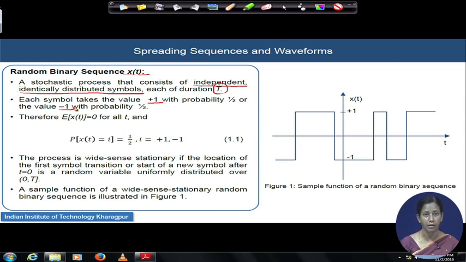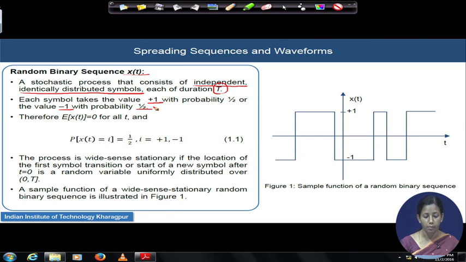As it is a random process, the occurrence of these symbols will be random, and hence related with their probability. The probability that the symbol value will be +1 or -1 is equal, so each can be equated to half.